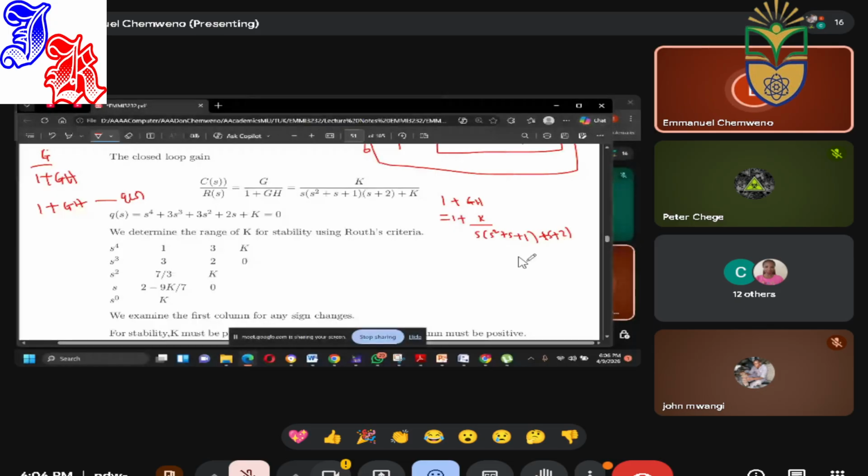If you cross multiply, it becomes s squared plus s plus 1 times s plus 2, plus K. It becomes your characteristic equation.